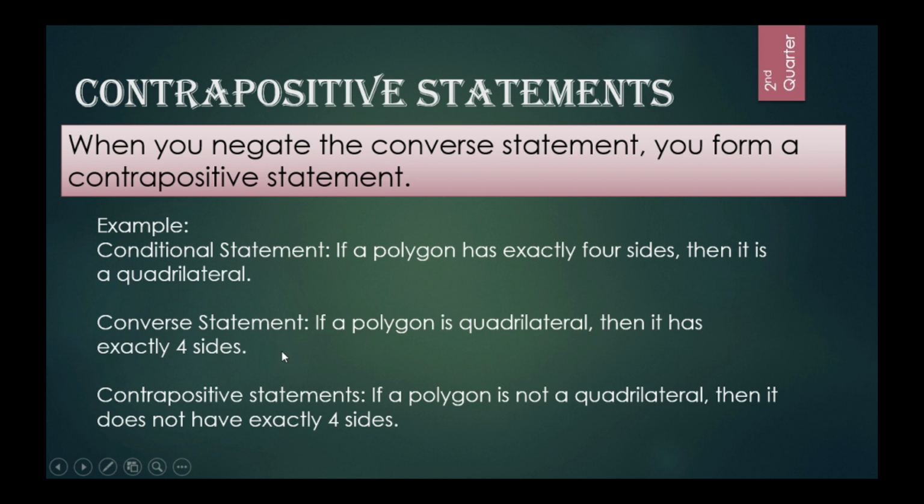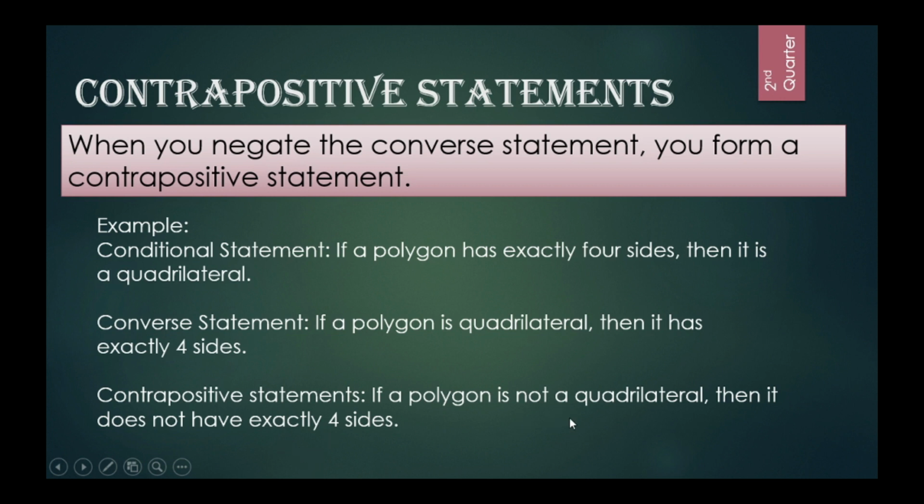Okay? So, paano siya gawing contrapositive? So, based from the definition, we are going to negate the converse. Lalagyan na natin ng word na not or negation ang ating ginawang converse. So, paano yon? If a polygon is not a quadrilateral, then it does not have exactly 4 sides.